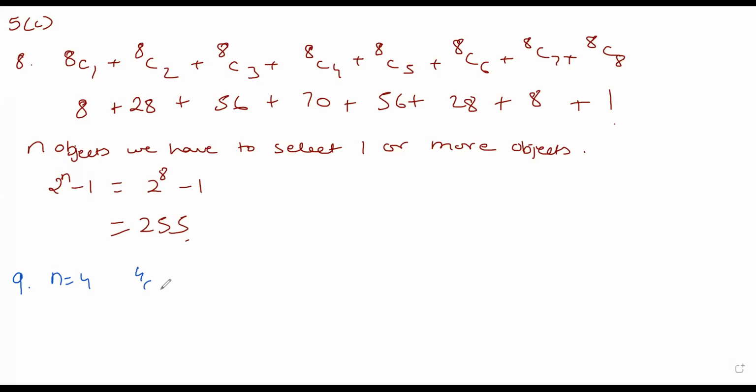So it can be 4C1 or 4C2 or 4C3 or 4C4. 4C1 is 4, 4C2 is 6, 4C3 is again 4 and this is 1. 4, 10, 14, 15.